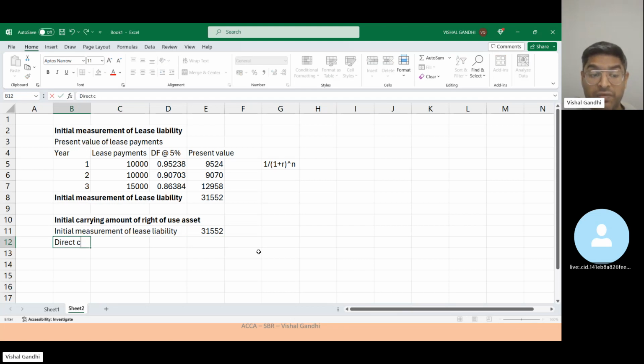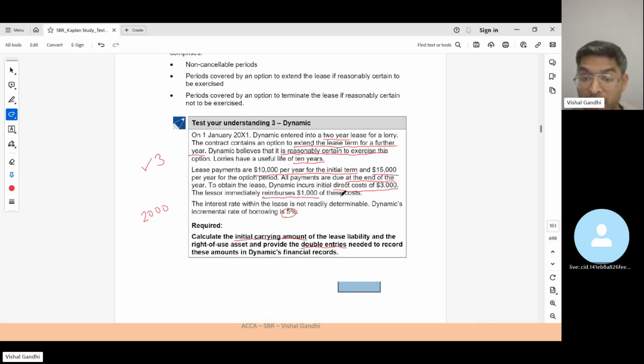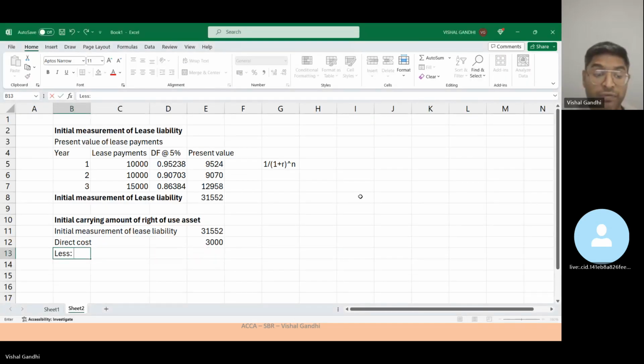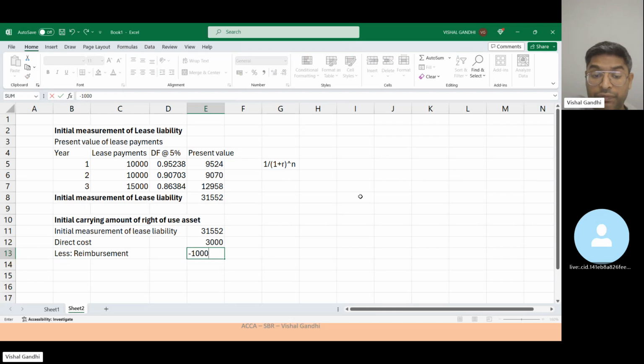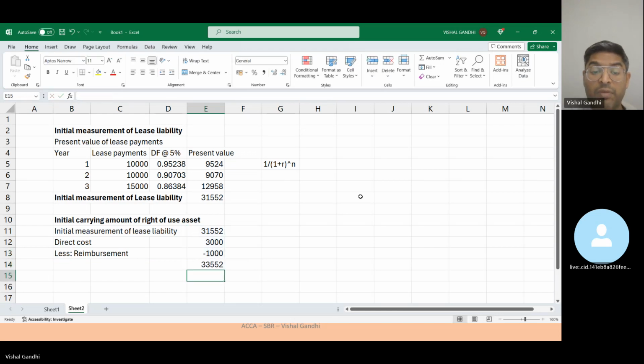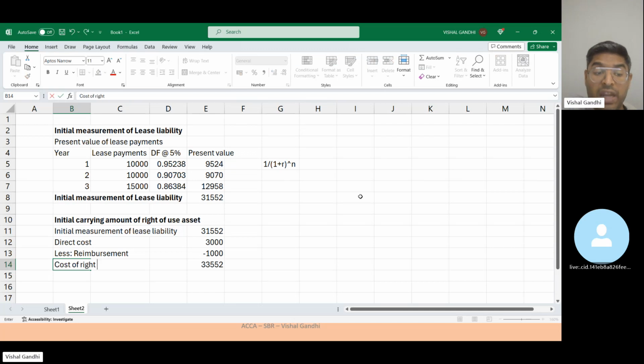Plus we need to add the direct cost of 3,000. If you see here, there's a direct cost of 3,000, but it says the lessor immediately reimburses 1,000 of these costs. So less reimbursement from lessor of 1,000, which gives 33,552. So this will be the carrying amount of the right of use asset.